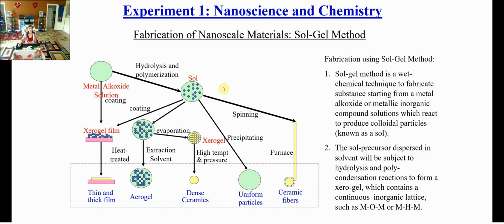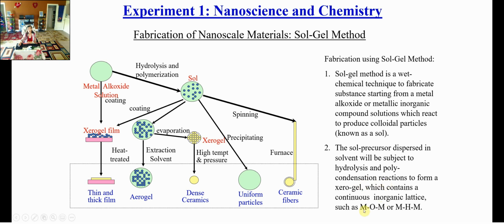This method is strongly involved in the sol-gel method. A couple minutes ago, I gave you a very brief overview about the sol-gel method. There are some key points which you need to understand. There is something called the sol, a precursor dispersed in your solvent. This precursor is going to be subjected to hydrolysis and polycondensation reaction.